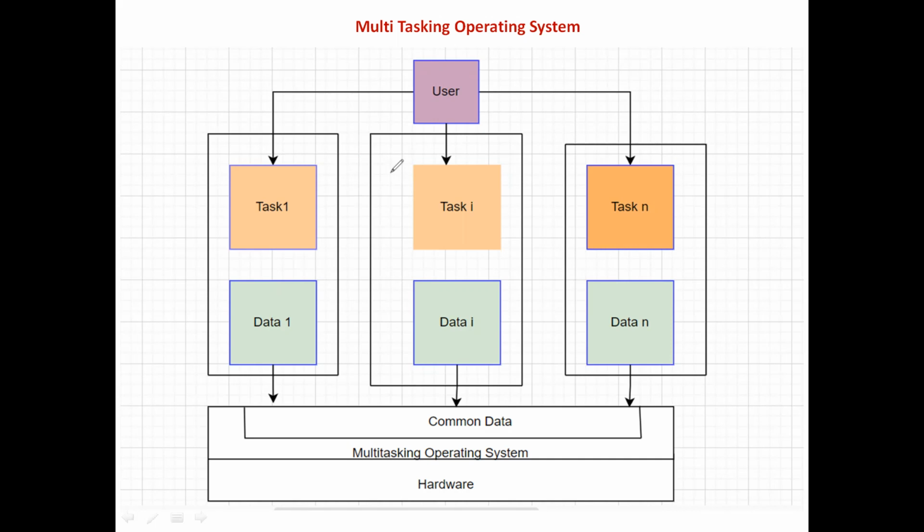The main difference between the multi-user and multitasking operating system is that there will be inter-task communication in a multitasking operating system, whereas in a multi-user system there will not be any communication between the users.